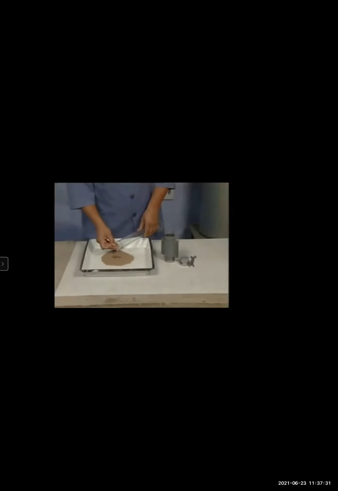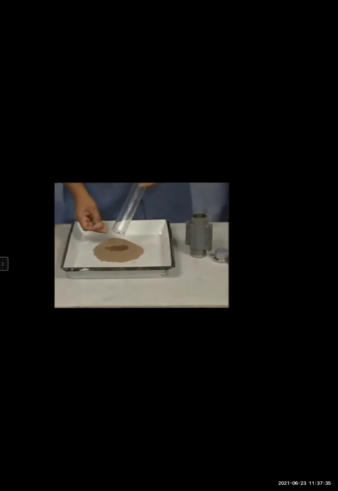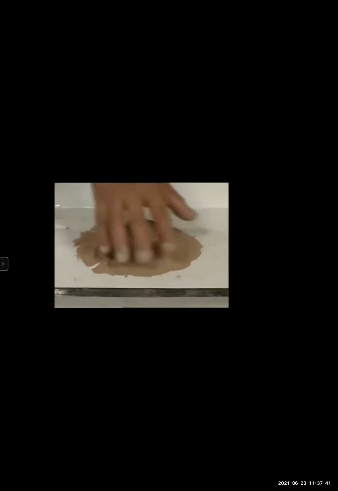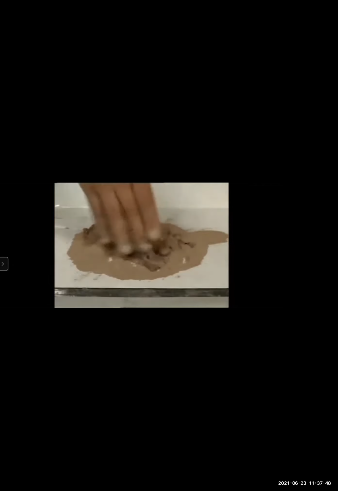Now mix the soil with water thoroughly. Prepare the soil sample by mixing a certain amount of water into the soil.